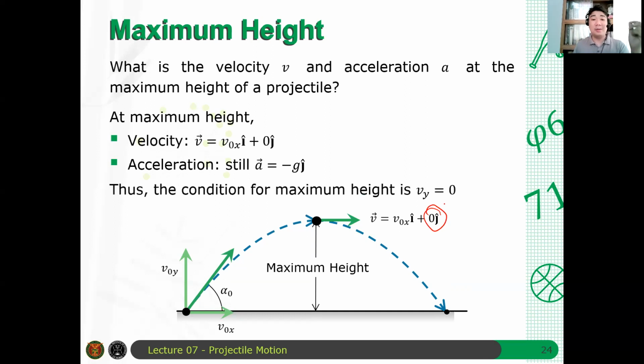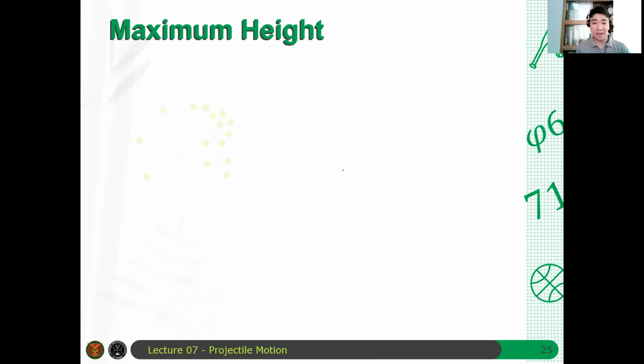And therefore, we will impose that at the maximum height, the final velocity in the vertical component vanishes. So Vy equals 0. So paano natin hahanapin ngayon yan? Edi ganito lang siya. We impose that Vy equals 0. What we want is height.